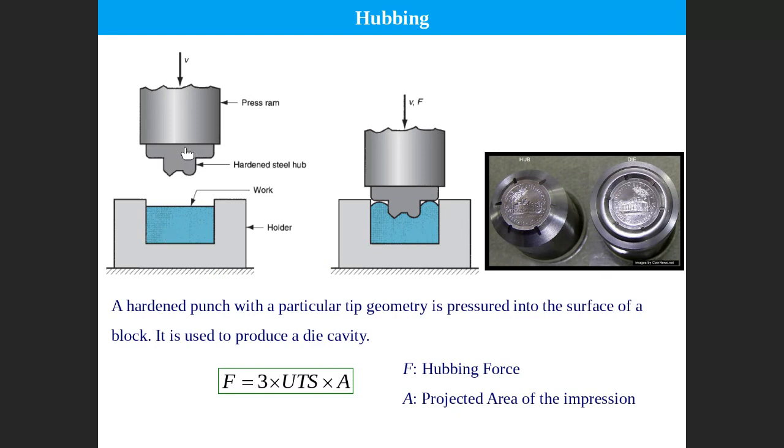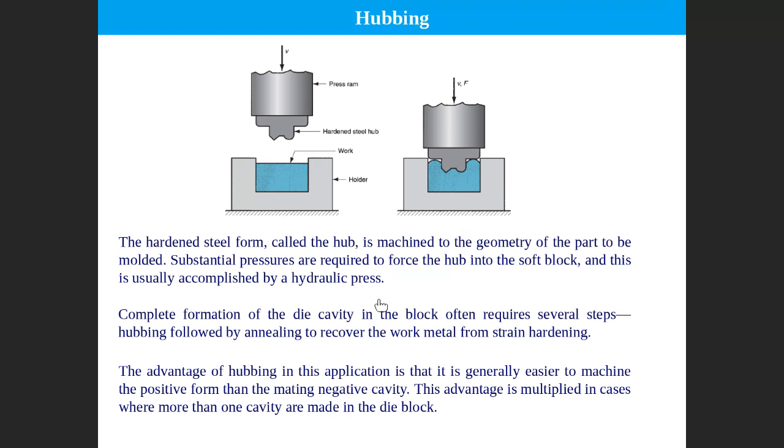So hobbing uses a hardened punch, a very hard punch with a particular tip shaped to create whatever shape you would like to have, which is pressed into the surface of a block. This is a block, which is the part that you would like to produce, but this one is used to create a cavity or shape here. This is what we call the hobbing operation.